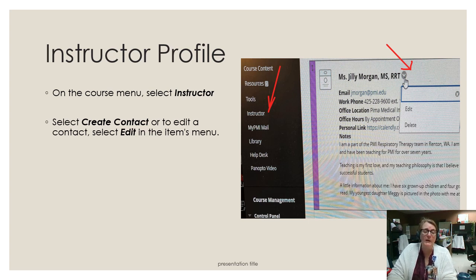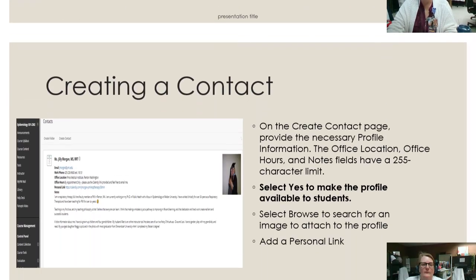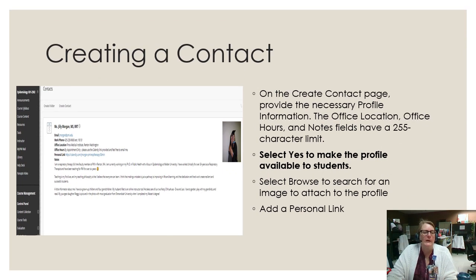Or if you've already got a contact, but you want to beef it up, you can select edit in the drop-down box, as pictured here. So creating a contact. On the create contact page, boxes to fill will come up.